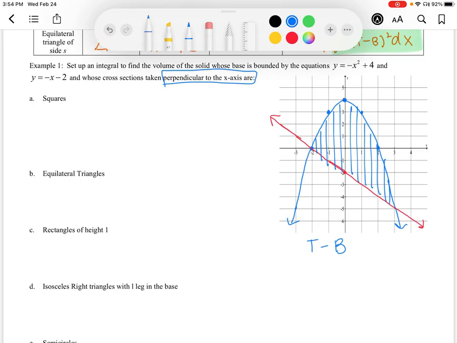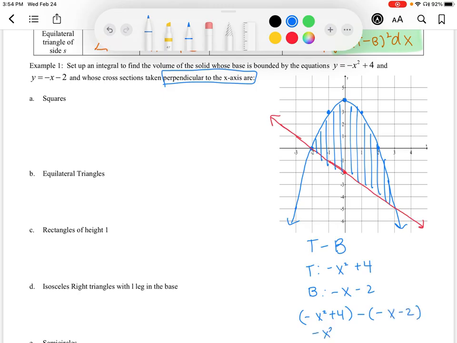So we're looking at the top minus bottom, so I'm going to go ahead and figure out what the top is, and that's my negative x squared plus 4. My bottom is my negative x minus 2. So if I do the top minus bottom, it's a negative x squared plus 4 minus, oops, put the parentheses too early, minus a negative x minus 2.